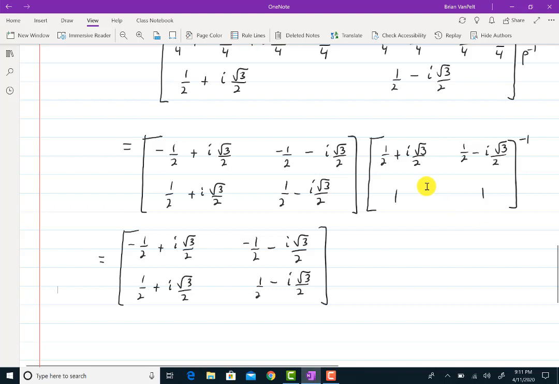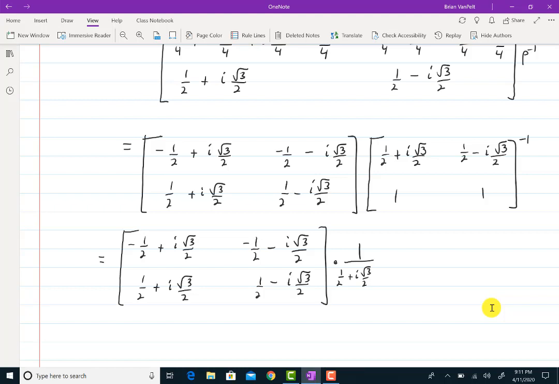Okay, the first thing you do is do the determinant. So if I do the determinant, I do this part. 1 over, so you know that I'm finding the determinant of this thing. I'm going to have 1 times 1/2 plus i radical 3 over 2.